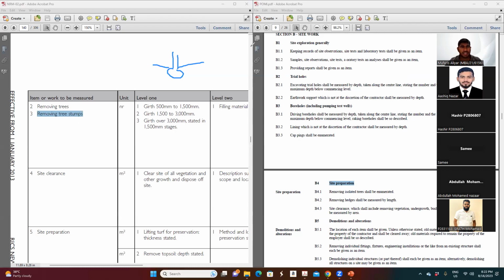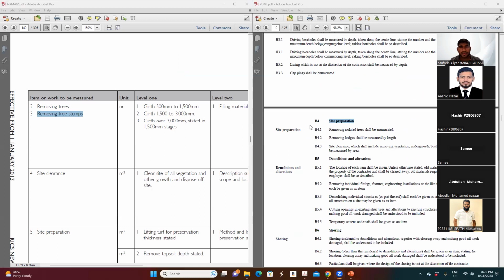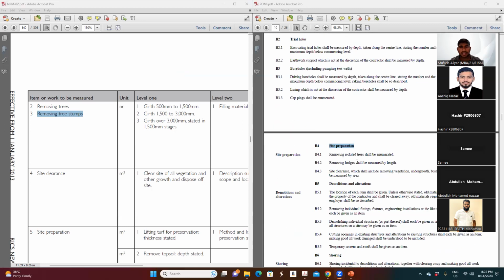Okay, so how do you read that? Site preparation, removing isolated trees. Removing trees or removing tree stumps, they measure this by number.